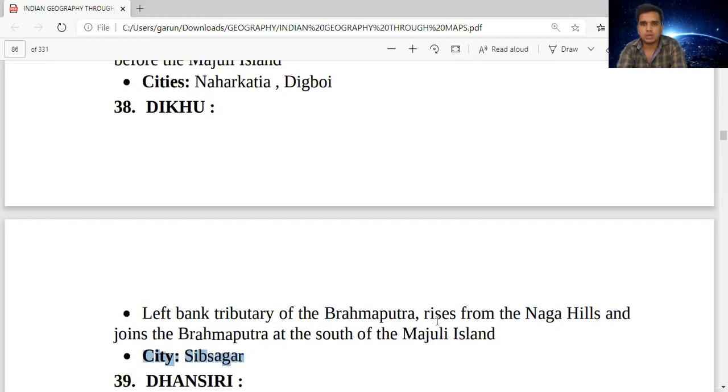I will show you this Majuli Island because I have shown you in the previous class also, but today I will show you again because this Majuli Island has the probability to come in exam majority of the time, because it remains in use for many purposes.